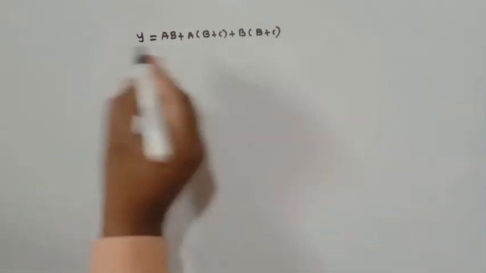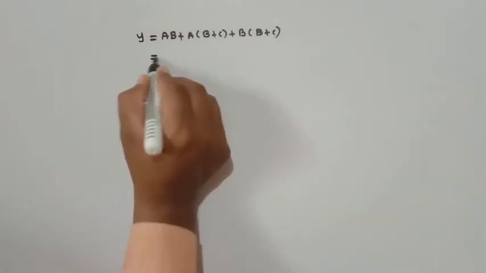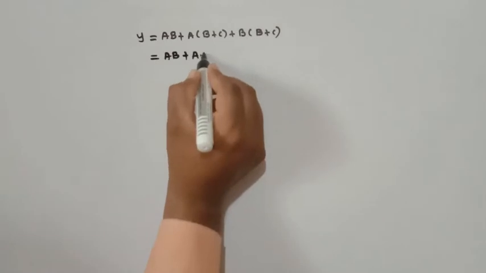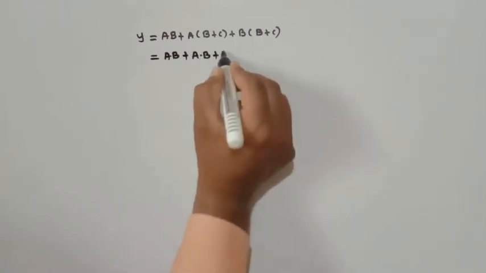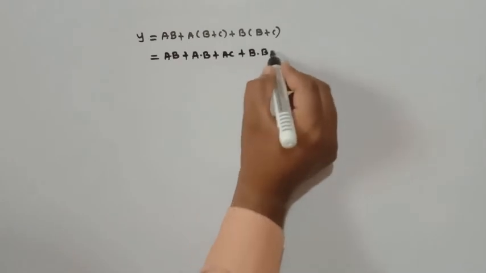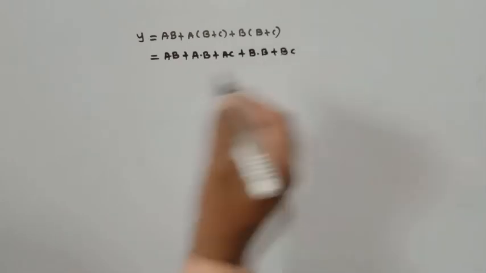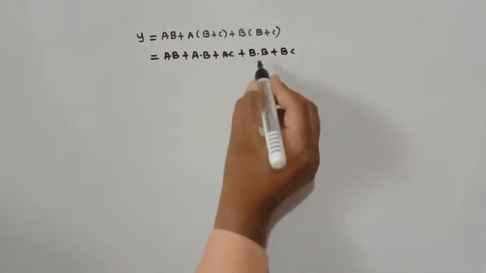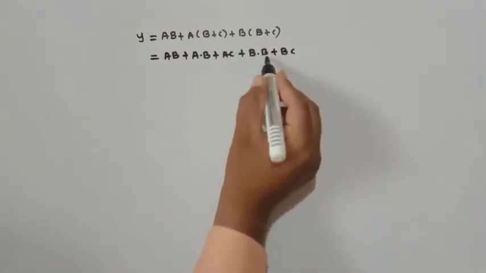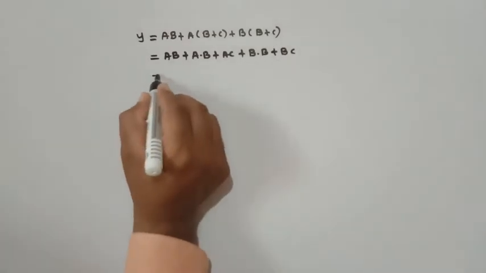By using the distributive law we simplify the equation: ab + a.b + ac + b.b + bc. Again we observe this equation and identify that it contains b.b, which is nothing but the AND law.